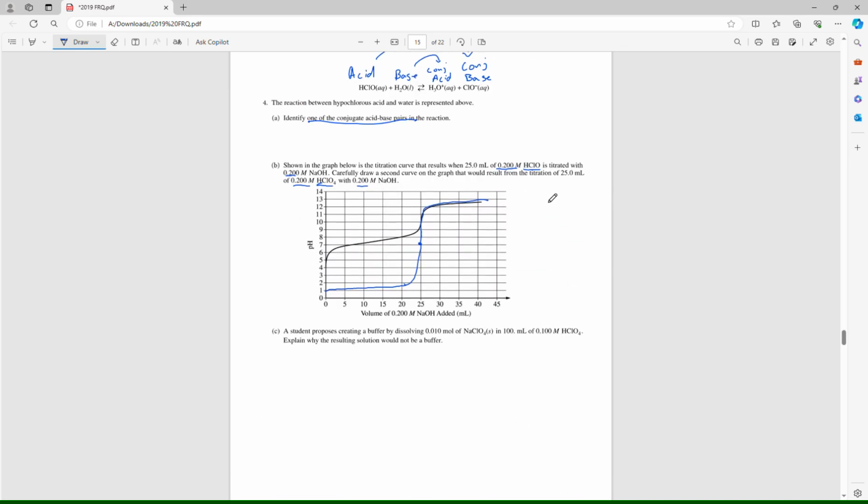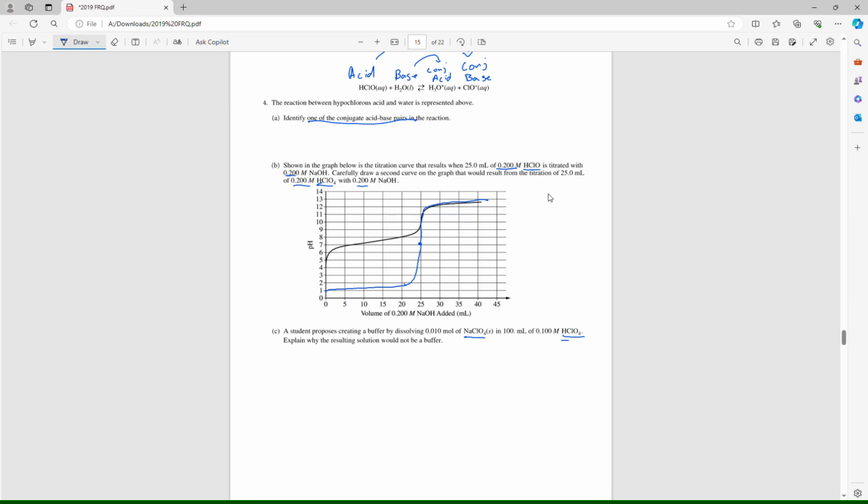All right. Part C, a student proposes creating a buffer with NaClO4, so a base, and a strong acid. So buffers are made of weak acids and their conjugate bases, or weak bases and their conjugate acids. So a strong acid's not going to work.